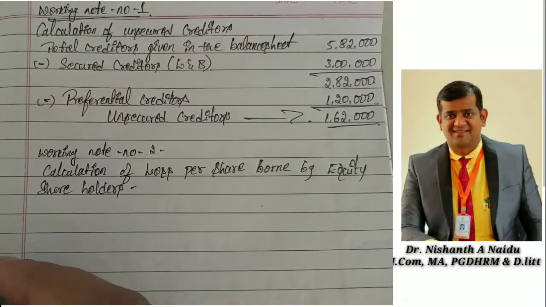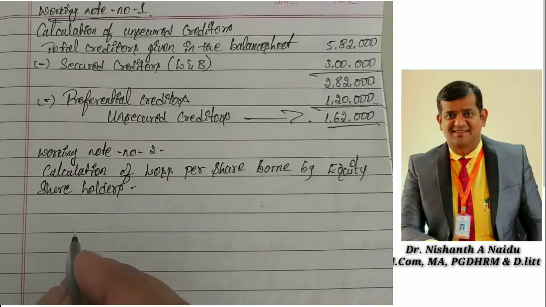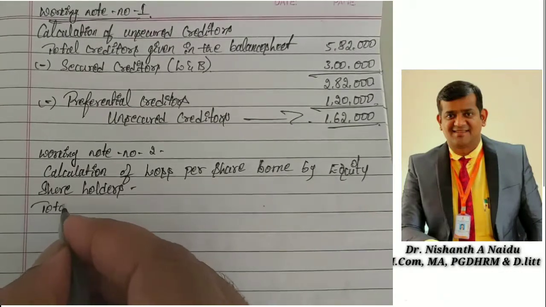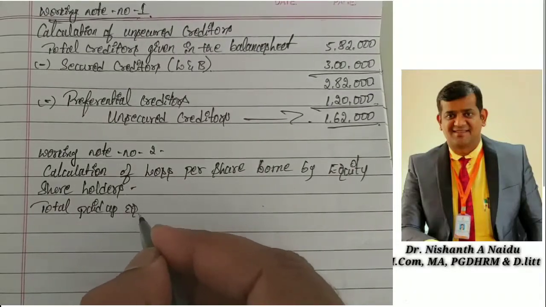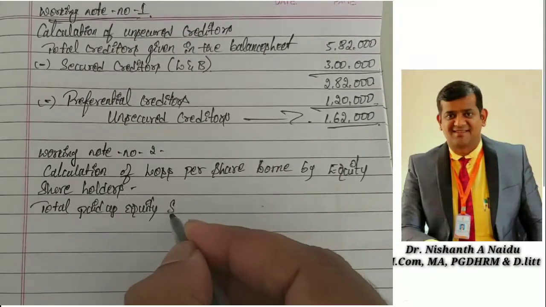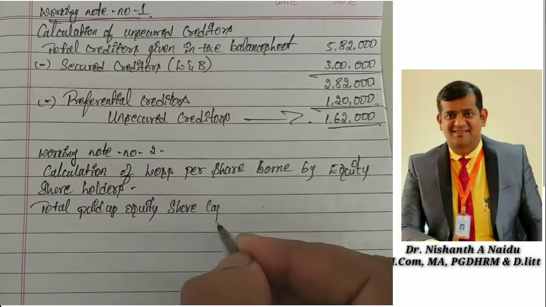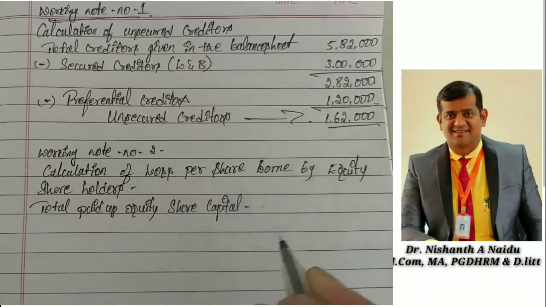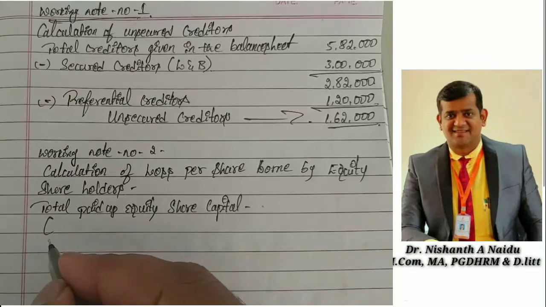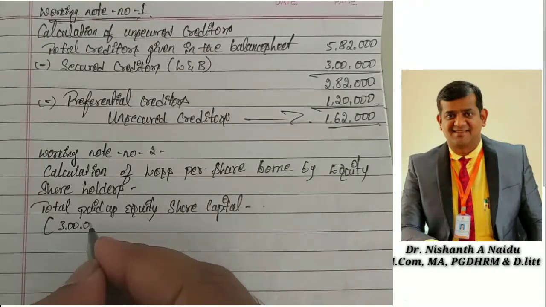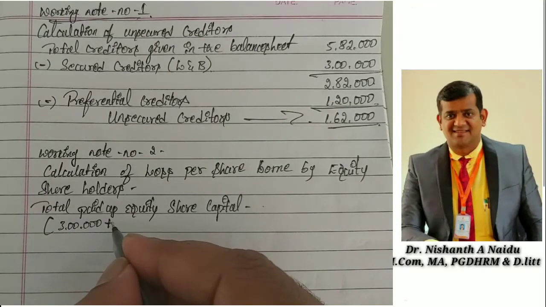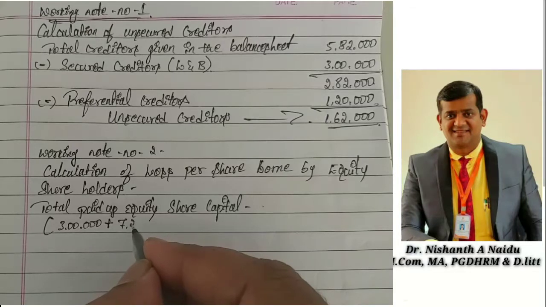Now write down the total paid up equity share capital. That is how much they have paid: 4,000 equity shares of rupees 100 each, 75 paid, that is 3 lakh, plus 12,000 equity shares of rupees 100 each, 60 paid, 7 lakh 20,000.